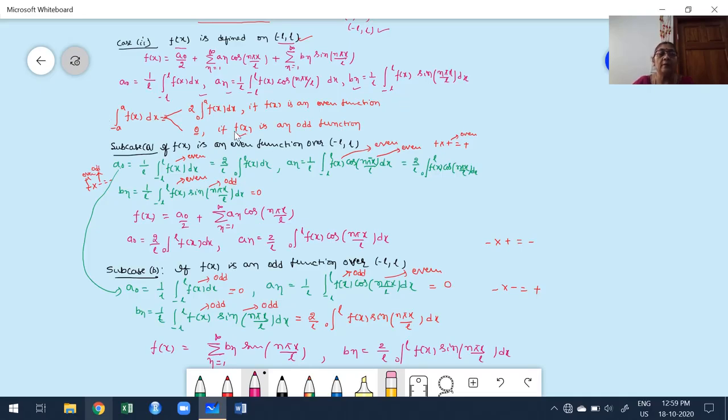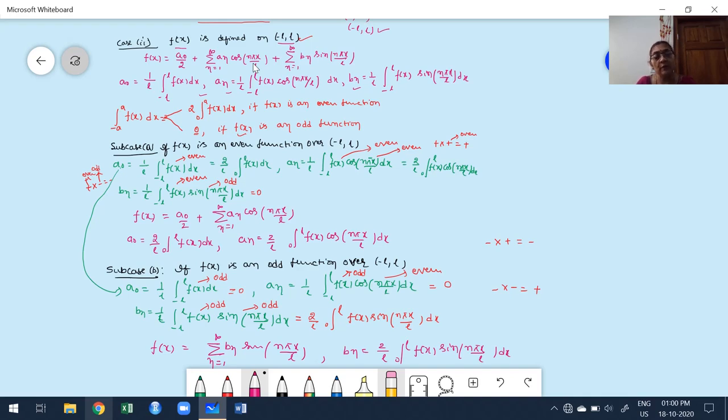With the help of the definite integral property, suppose in the second case the given interval is minus L to L and the function is an even function, then b n is 0, and I only have to find a naught and a n. But it is not necessary to take the entire integral; we take half of the integral, 0 to L. Otherwise you can take minus L to 0, but usually for our comfort we choose 0 to L. But keep in mind you have to write twice of that.